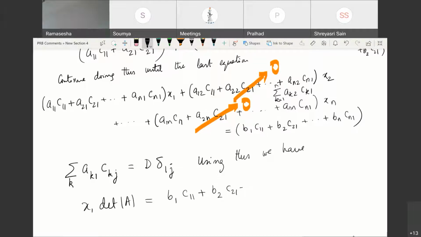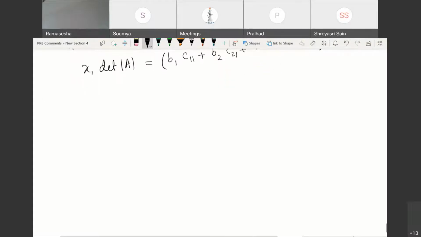Okay, and what does the right hand side say? This I can write as the following, right? I can write it as B1, B2, Bn, and I have A1, A11, A12, sorry.